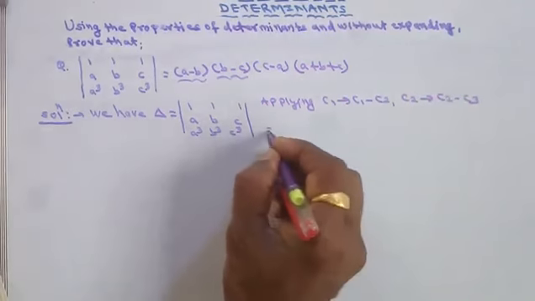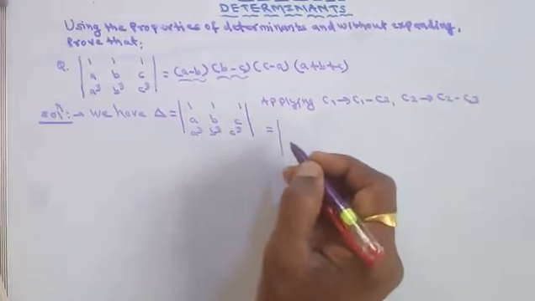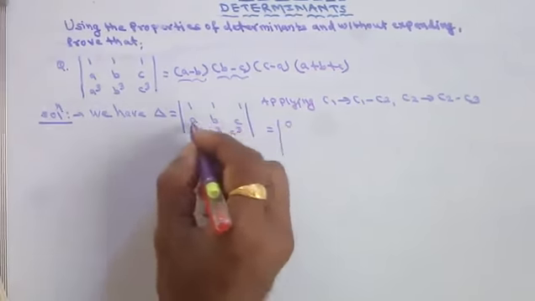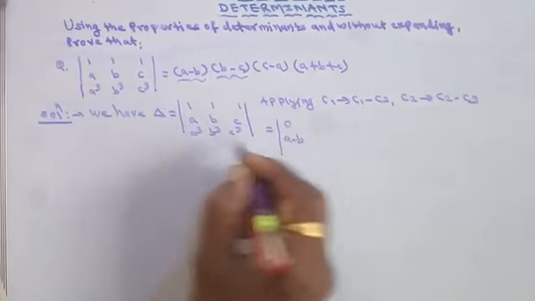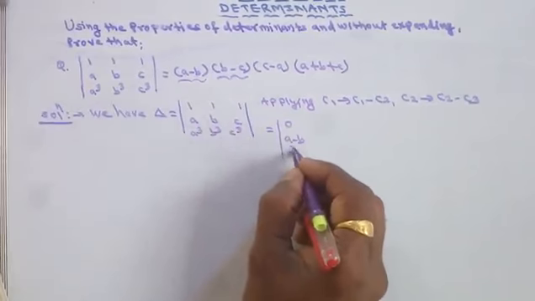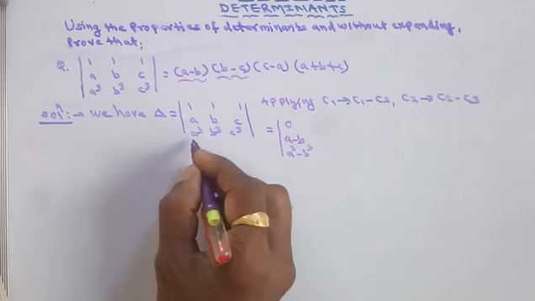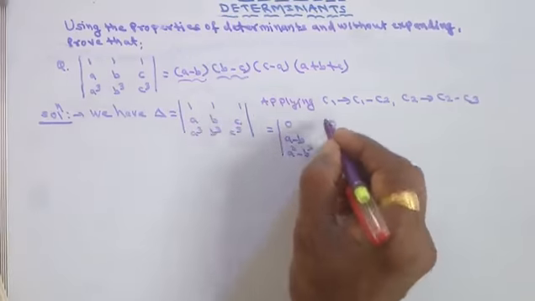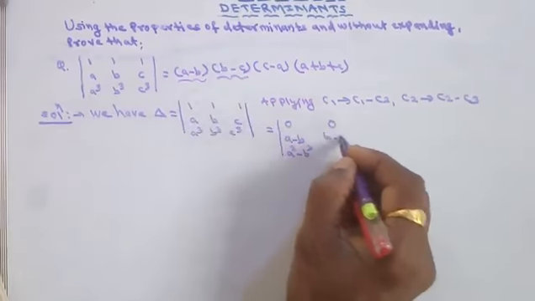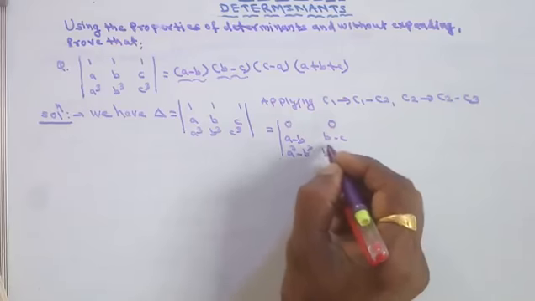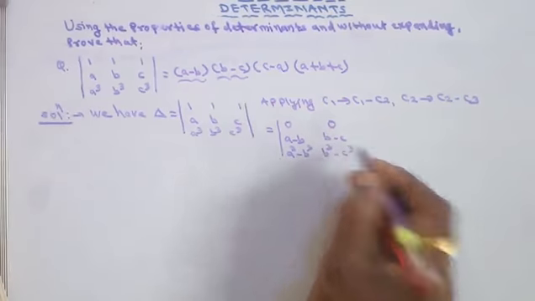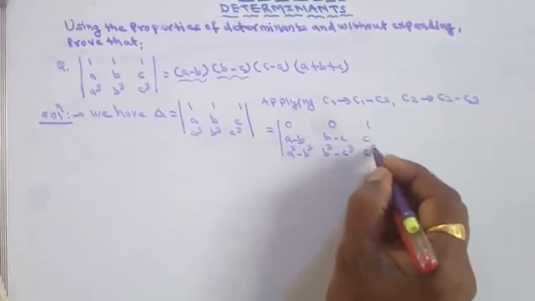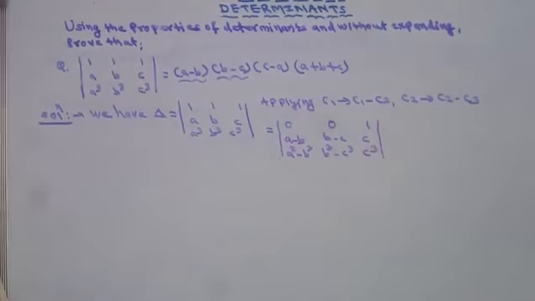So I get here 0, 1 − 1 = 0, a − b, and a cube minus b cube. The second column will be 1 − 1 = 0, b − c, and b cube minus c cube. Then write the third column as it is: 1, c, c cube.